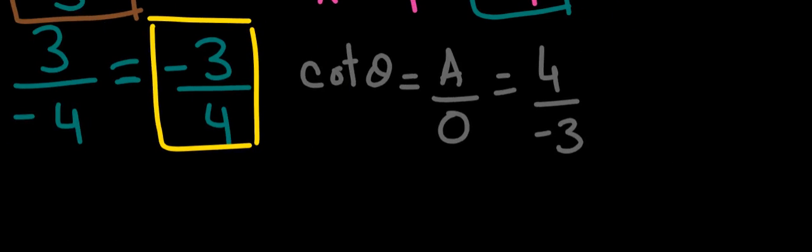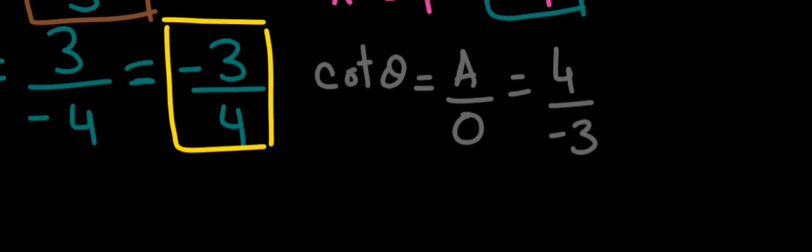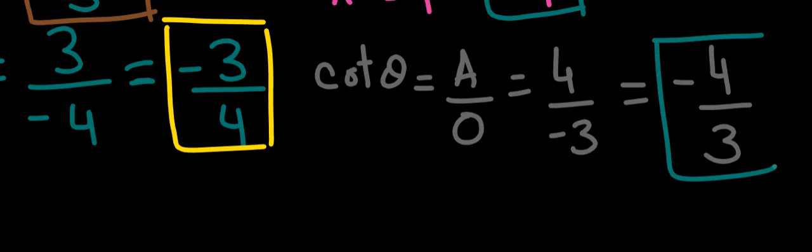And again, positive over negative is negative. So that's going to be -4 over 3. And let's box it again. So here we go. We have all the 6 trigonometric ratios of the function. And with this, we end our video. See you next time. Thank you.